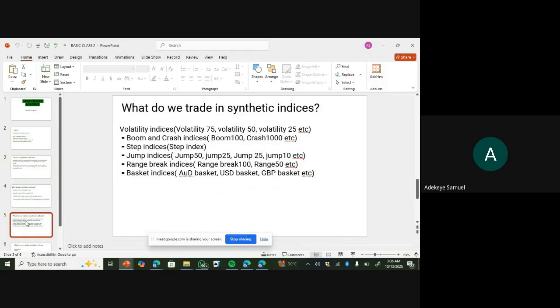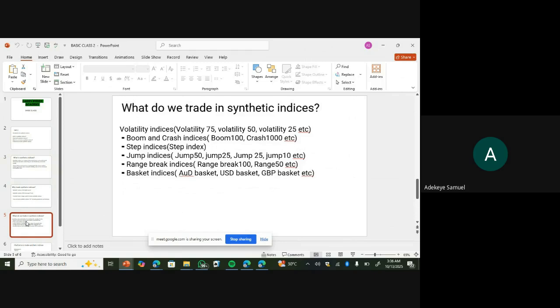You have the AUD basket. They copied it from the real world market. The AUD index copies the chart from the real world AUD market.